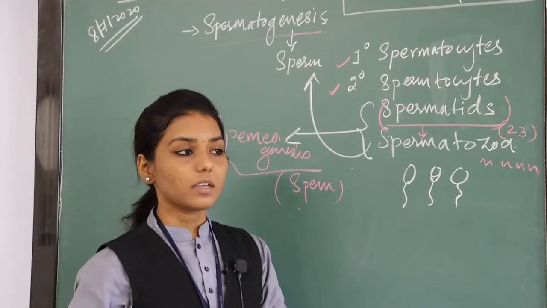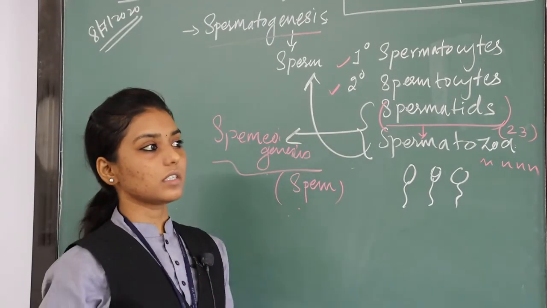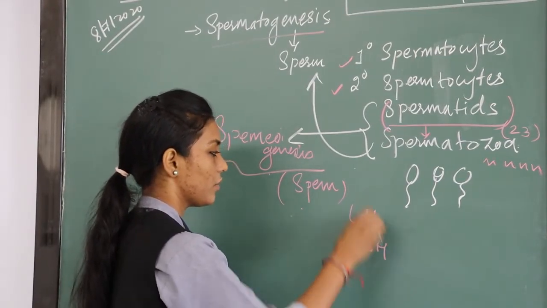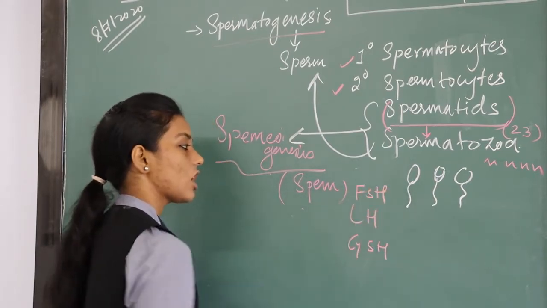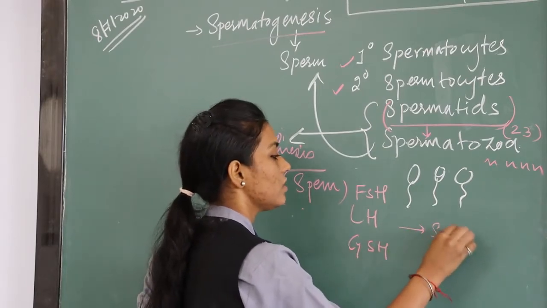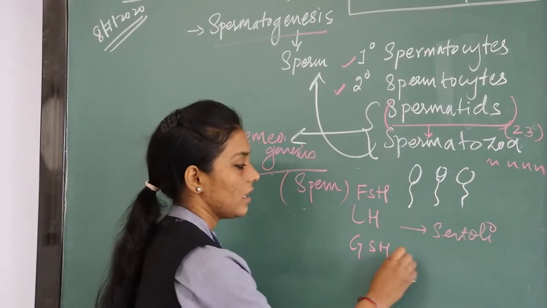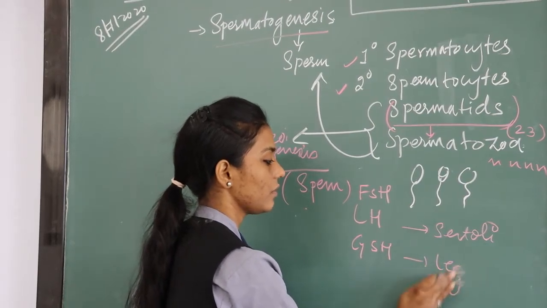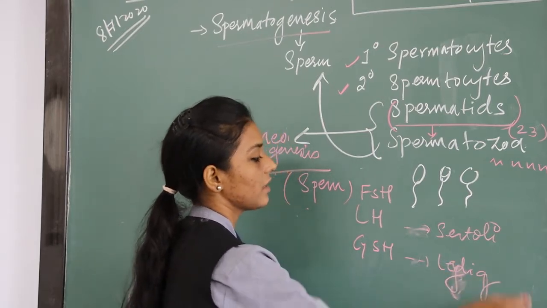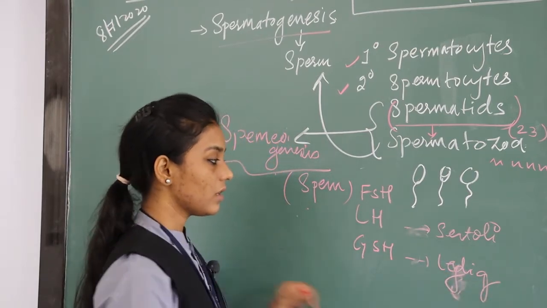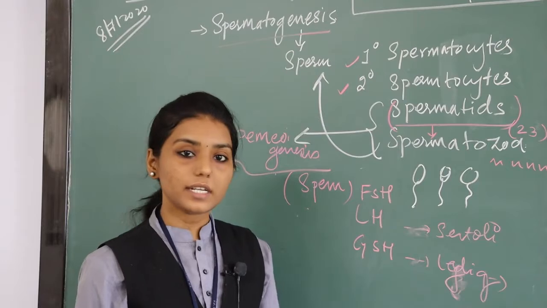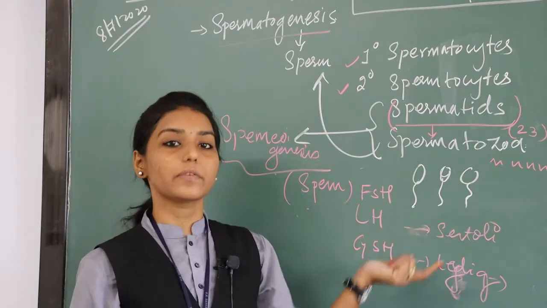In male we have seen that certain hormones, that is LH and follicle stimulating hormone, were involved in affecting the Sertoli cells, and then the Leydig cells. These Leydig cells were involved in secretion of androgens. Androgens were being secreted by the Leydig cells. All these things we have seen in the previous video.